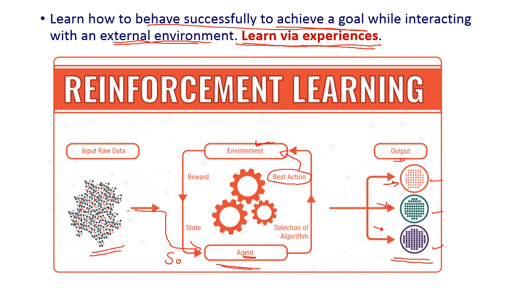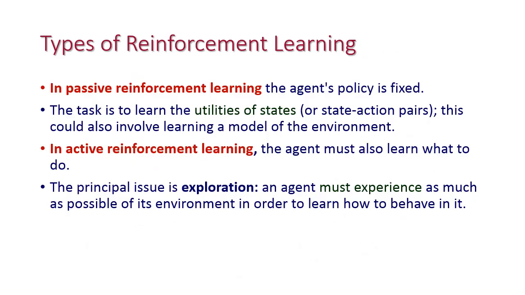If it is correct, we will get a reward. If it is wrong, then we will get a penalty point. So this process will be executed again and again until all the objects are placed in the correct container. And next is the types of reinforcement learning.